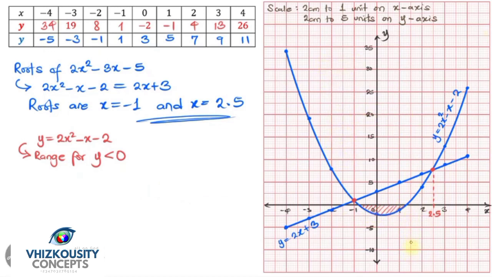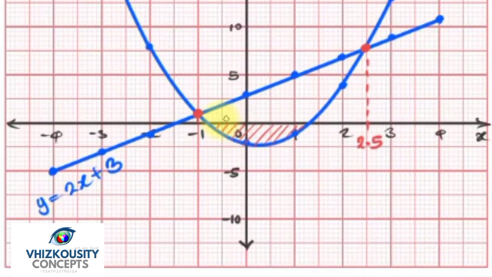Down here we have the negative values of y. Y is less than 0. And then we are asked to find the range for that particular case. If you zoom in, you can see that here and here, those are the points that we have as the range for which y is less than 0. So we want to get the particular range as shown on the graph.